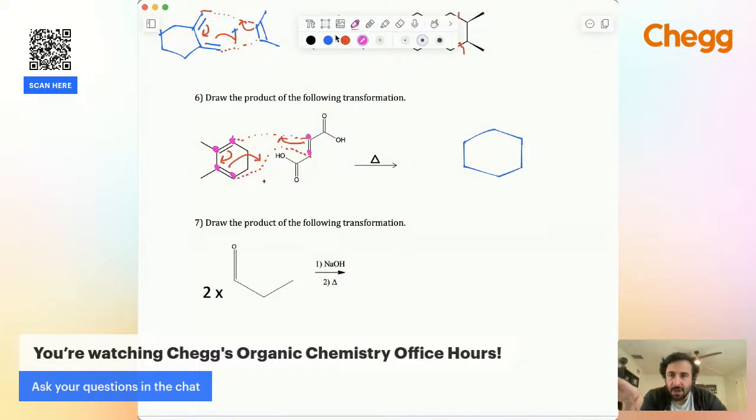Okay. So now what else is there? So this pi bond went right here, and so we have a pi bond there, right? These two pi bonds became sigma bonds. This pi bond became this sigma bond right there, and this pi bond became this sigma bond right there. So now what else? Now we have two methyls here, so those didn't go anywhere. Those have to still be there.